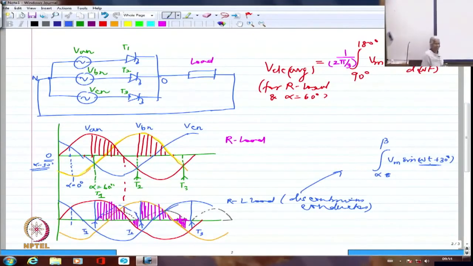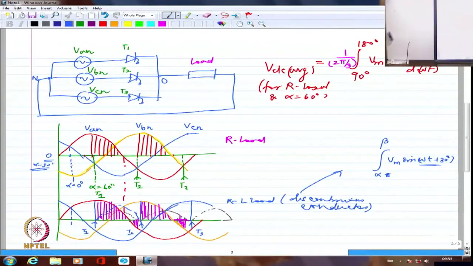If I look at alpha equal to 0, what is the value of this? It is sine 30 already. So it is not sine omega t where omega t equal to 0, it is rather omega t plus 30. That is how we get it basically, right?